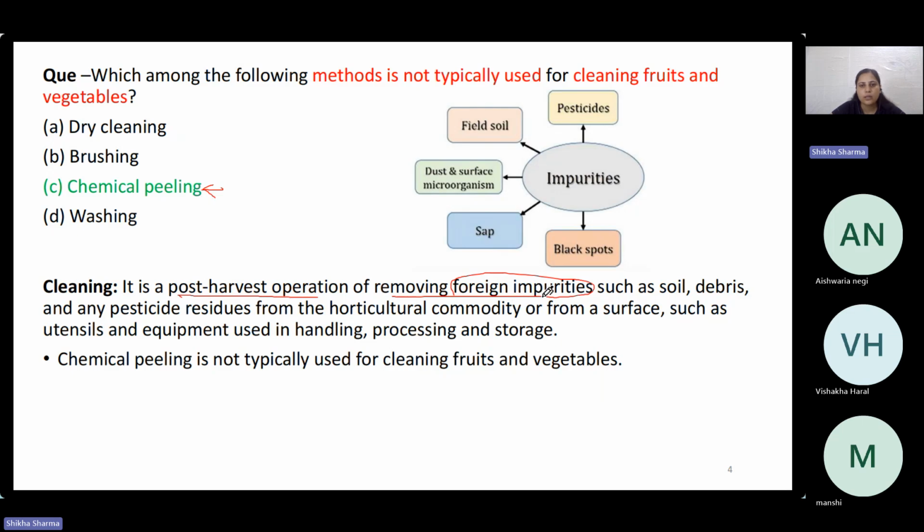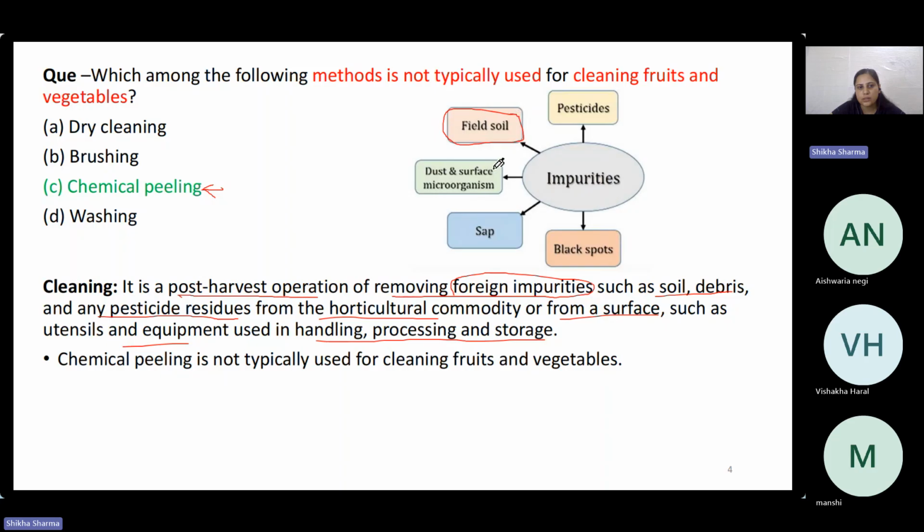We try to remove foreign impurities such as soil, debris, and pesticide residues from horticultural commodities, or from surfaces such as the utensils and equipment used during handling, processing and storage.